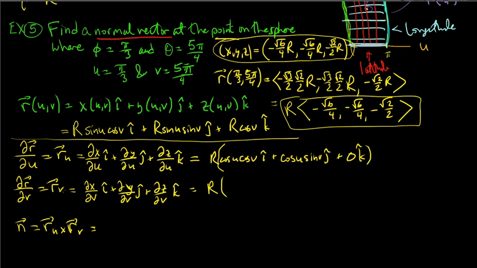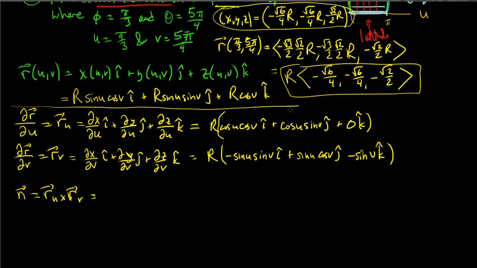For the v partial, the v partial of x is negative sine of u sine of v times i, plus, the derivative of sine of v is cosine of v, so sine of u cosine of v times j, and now we have negative sine of v times k, all times r.